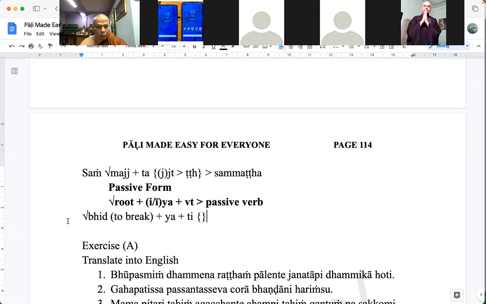So here, the end of the root d, and then ya. So this dya changes to jja. So that is how we have the passive form. Bhijjati. So bhijjati is broken. Is broken.